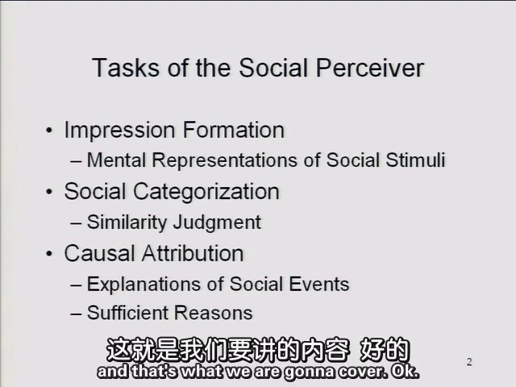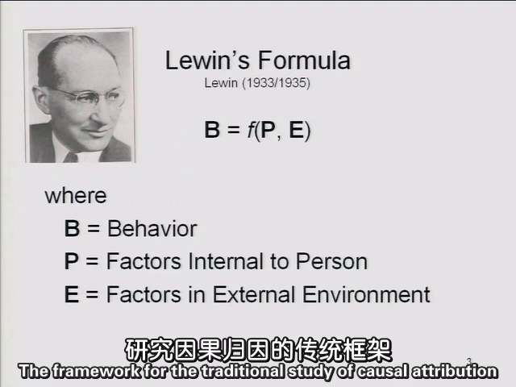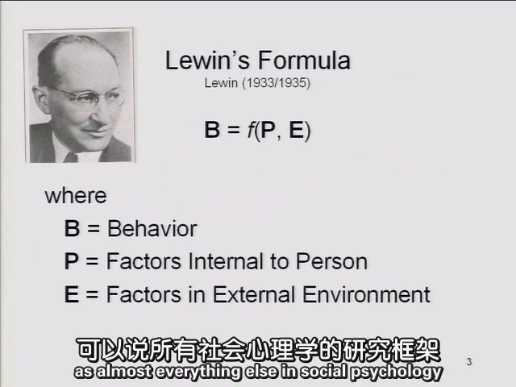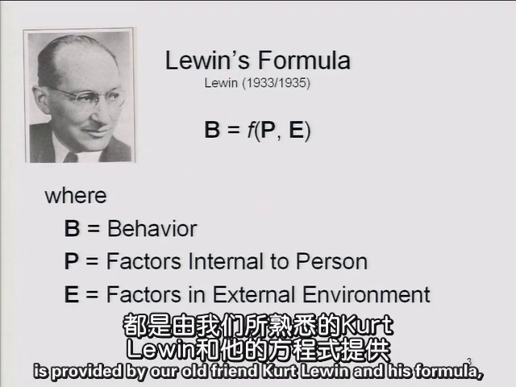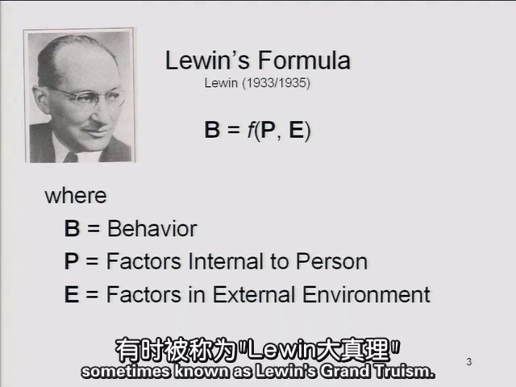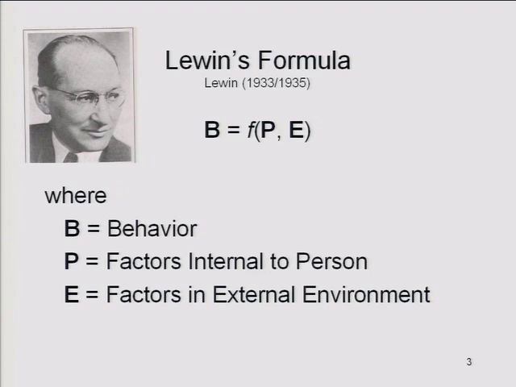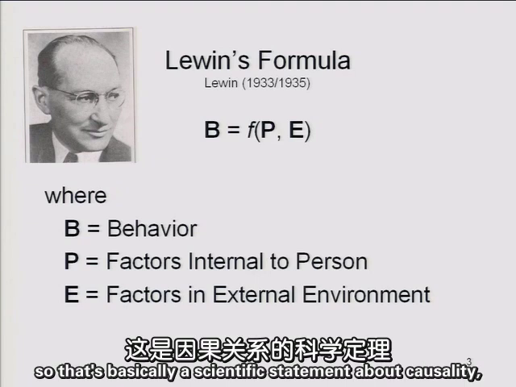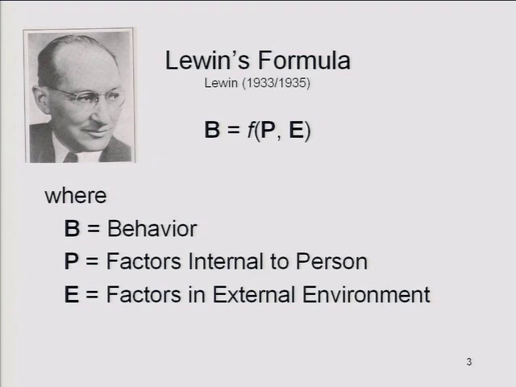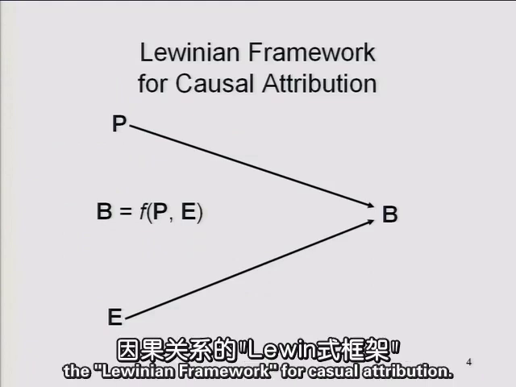The framework for the traditional study of causal attribution, as almost everything else in social psychology, is provided by our old friend Kurt Lewin and his formula, sometimes known as Lewin's grand truism. Behavior is a function of the person and the environment. So that's basically a scientific statement about causality, and it gives us what we would call the Lewinian framework for causal attribution.